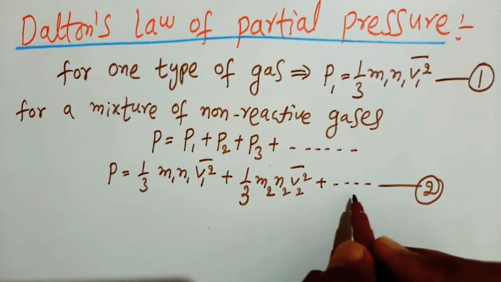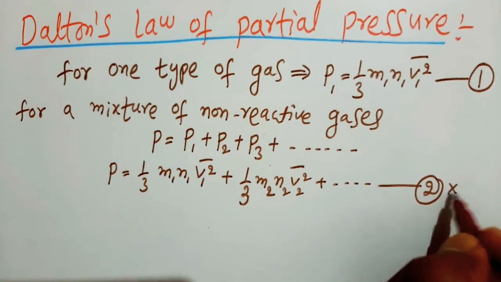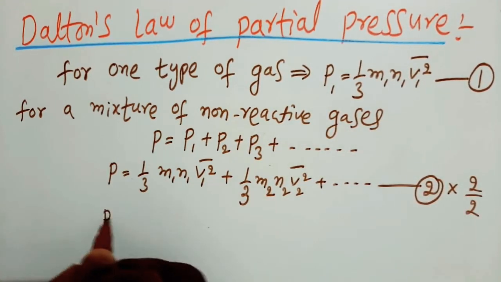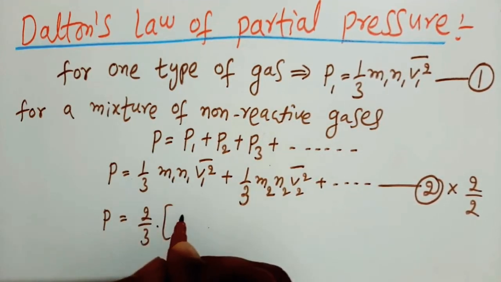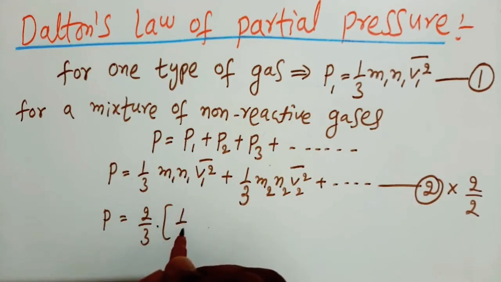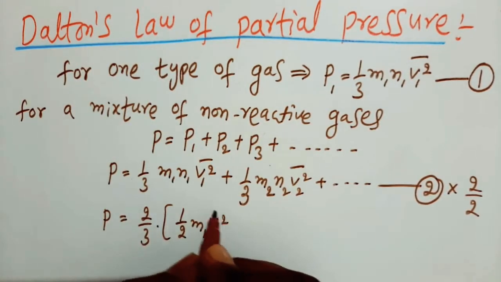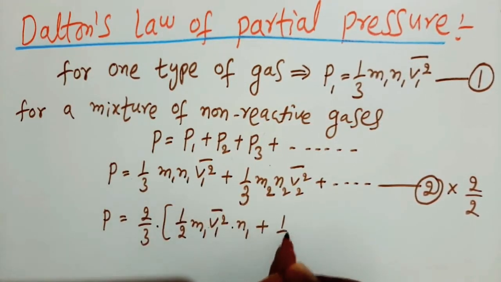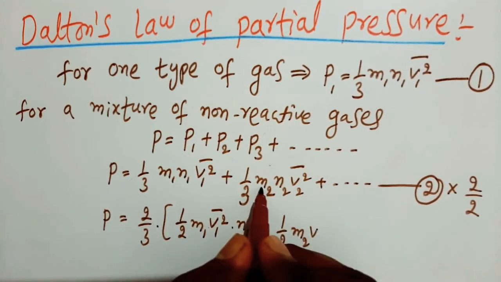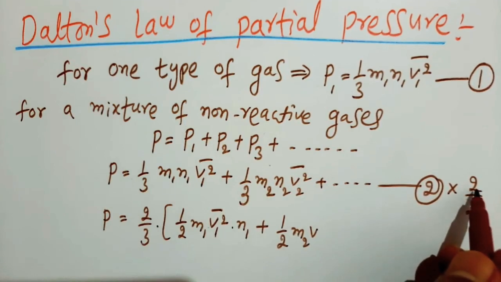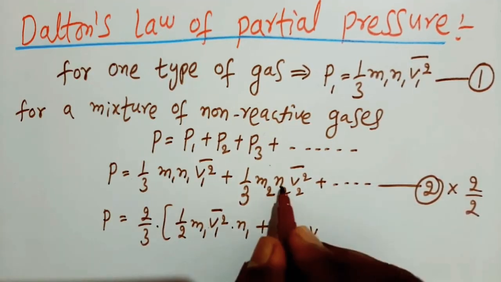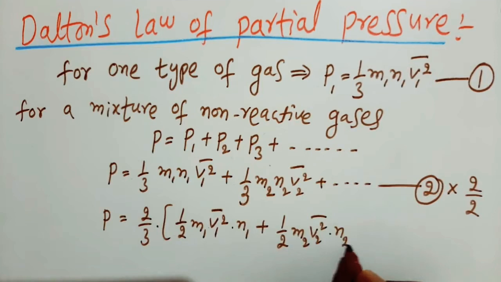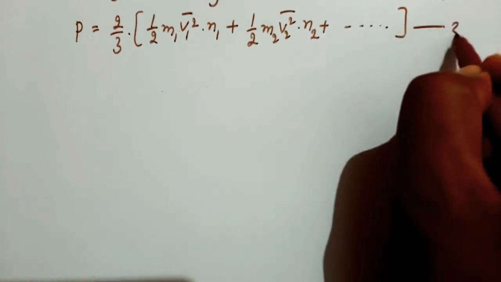Here on the RHS I am multiplying and dividing by 2. So we can get P = 2/3 taking common, and the remaining terms are 1/2 m1 v1² bar into n1 + 1/2 m2 v2² bar into n2 + ... Let us take this as the third equation.